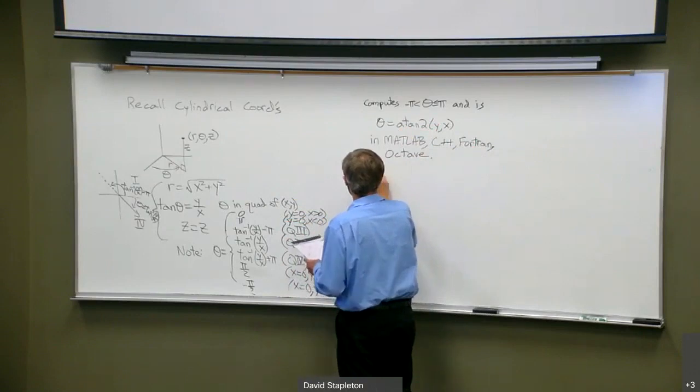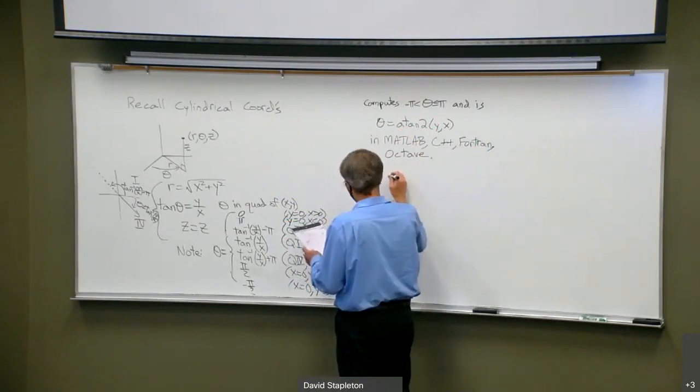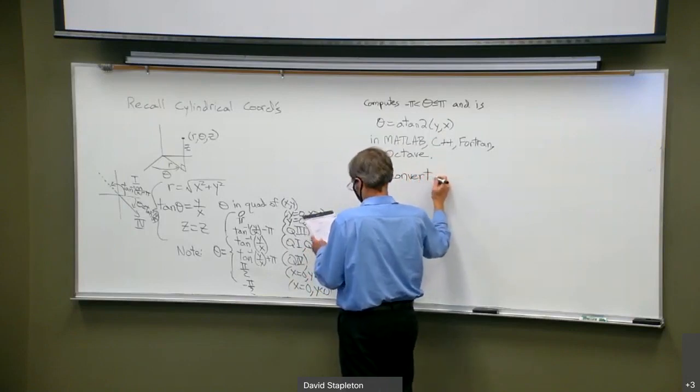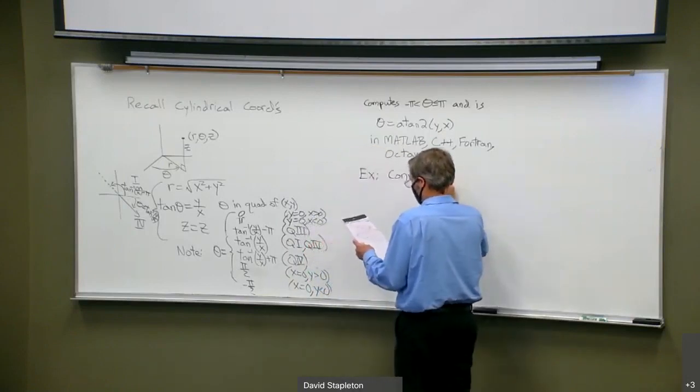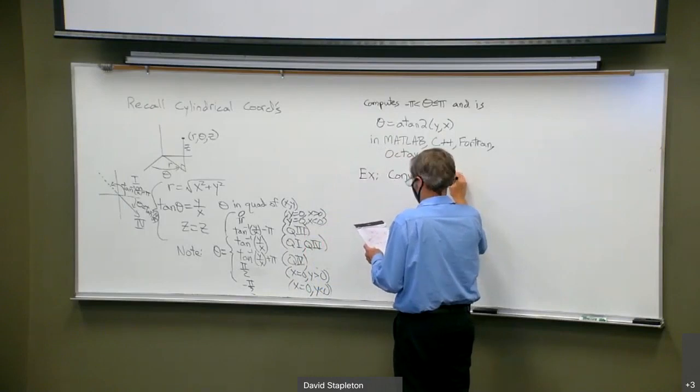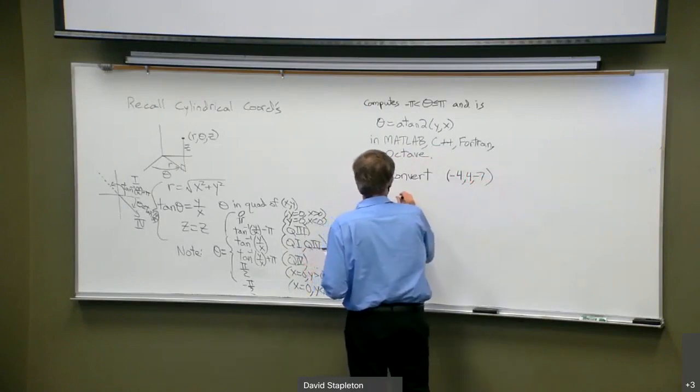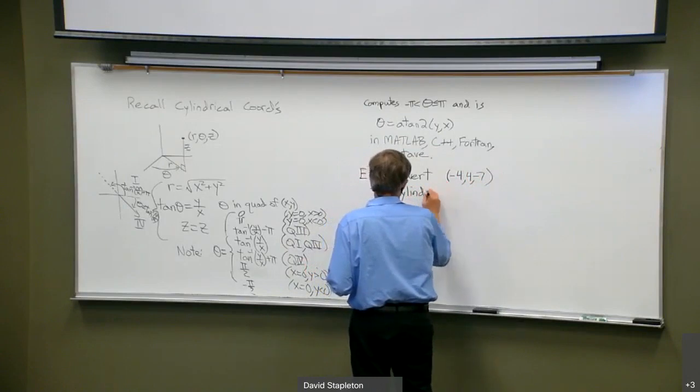But we'll say that. Now we wanted to do some examples. We didn't get very many examples last time. We can do a couple more. Convert the following: (-4, 4, -7) to cylindrical coordinates. Suppose those are rectangular coordinates.